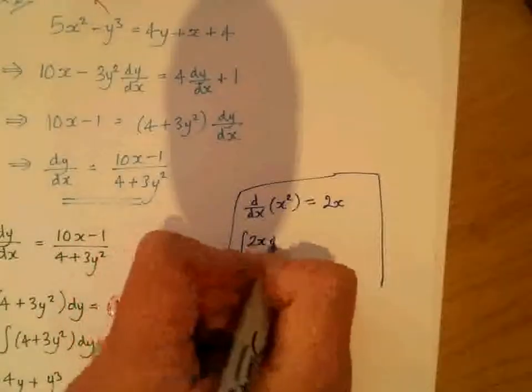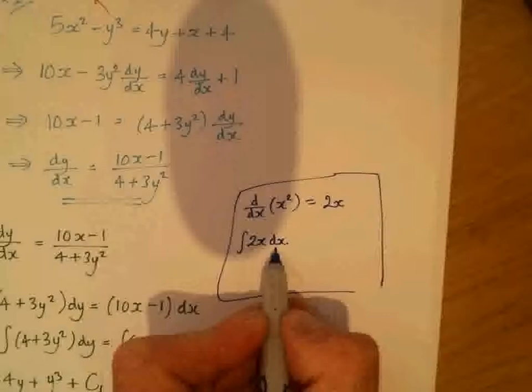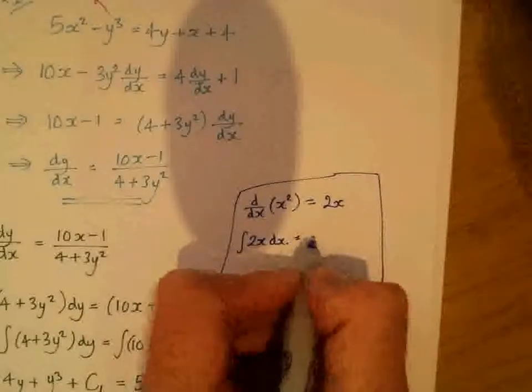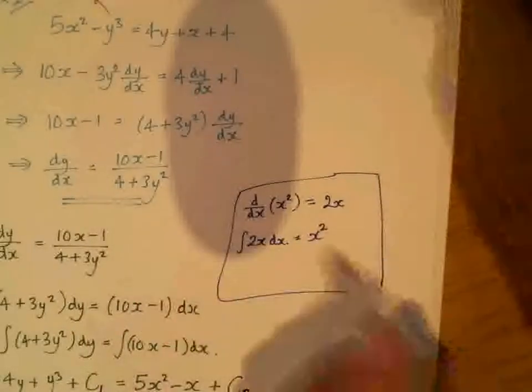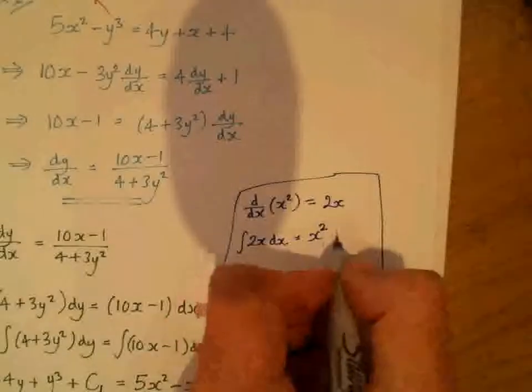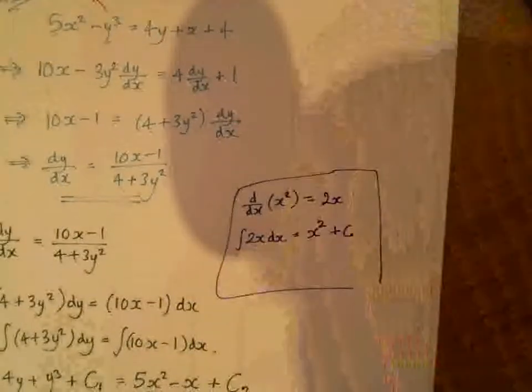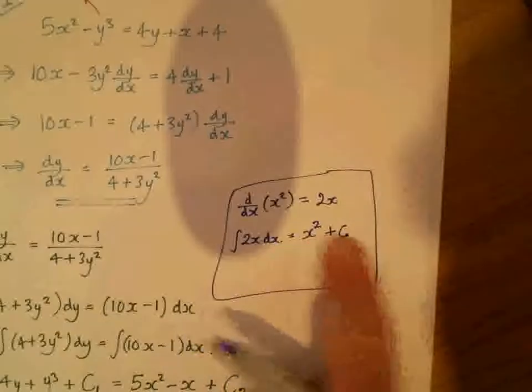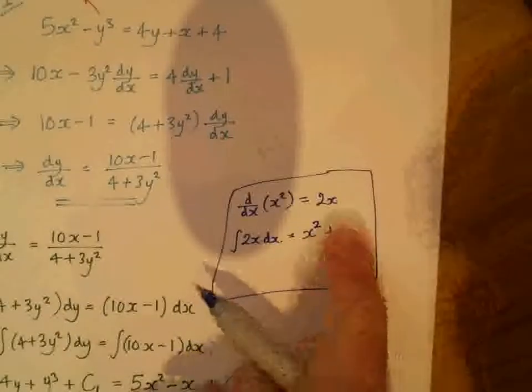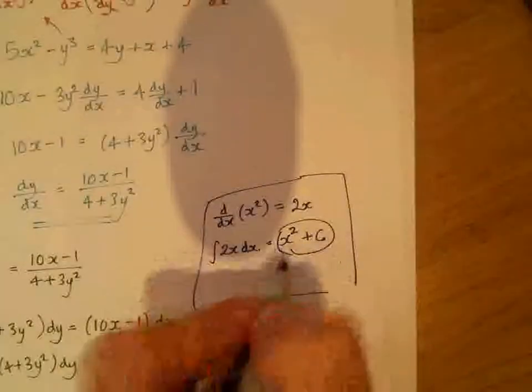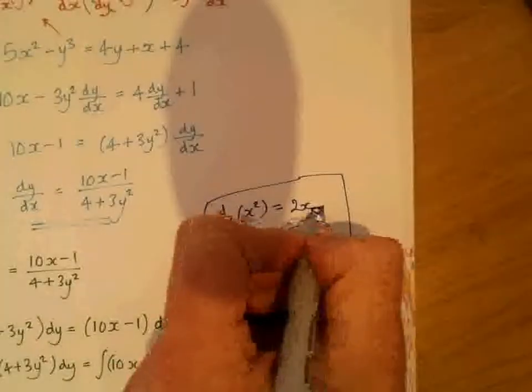But the converse, if we integrate 2x with respect to x, what do we get? Well, could be x squared, but as we know, we get a constant. And so actually there's an infinite number of solutions here, because that constant could be anything. No matter what c is, if you differentiate it, you get back to 2x.